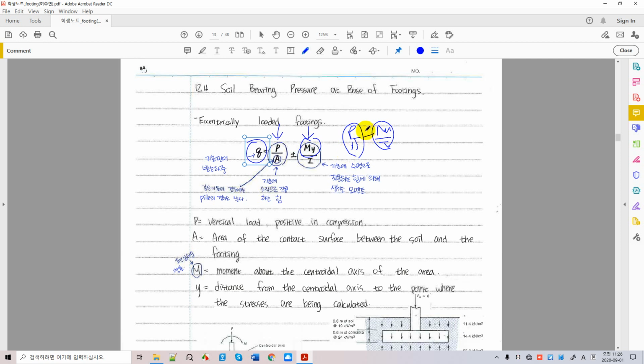Now we have a plus and minus case depending on the direction of the moment. This is very easy to calculate, and very fundamental. In every shallow foundation, all we need to calculate are these values and the corresponding bearing pressure, so that we understand how much pressure is acting on the soil, and compare that to the allowable bearing capacity to decide the proper size of the foundation.